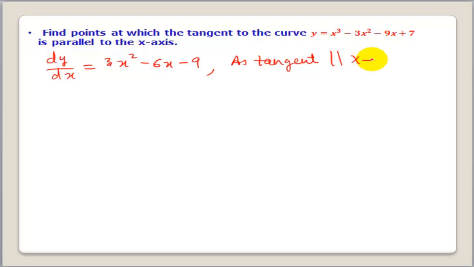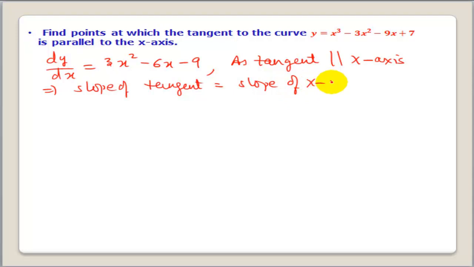Now, what is the slope of the x-axis? The slope of the x-axis is 0. And because the tangent is parallel to the x-axis, the slope of the tangent will be equal to the slope of the x-axis. So equating these two, the slope of the tangent we just evaluated, 3x square minus 6x minus 9, and the slope of the x-axis is 0.